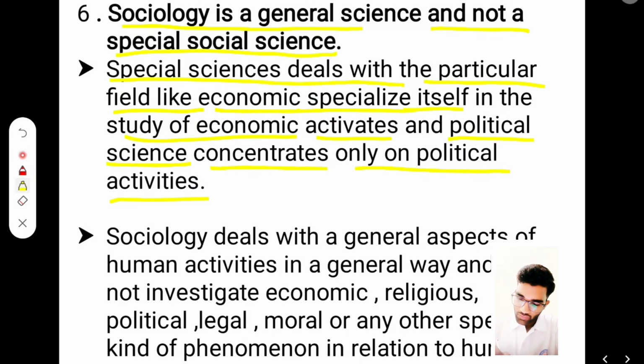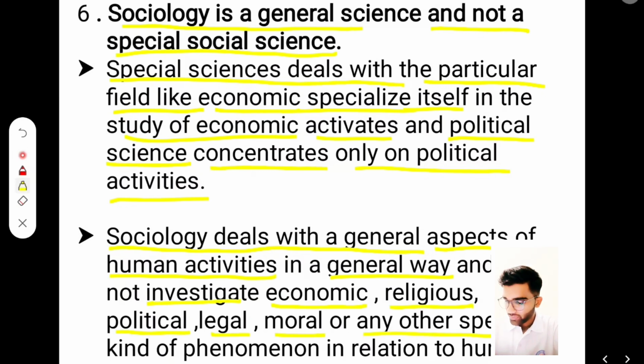Sociology deals with the general aspect of human activities in a general way and does not investigate economic, religious, political, legal, moral, or any other special kind of phenomena in relation to human life and activities.